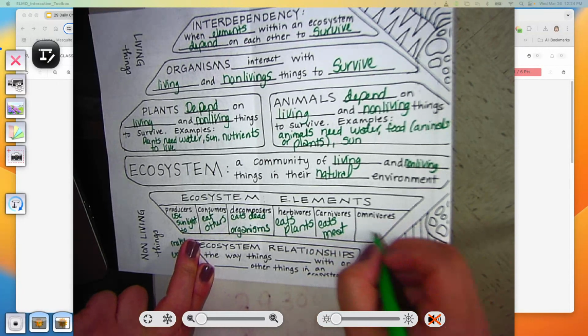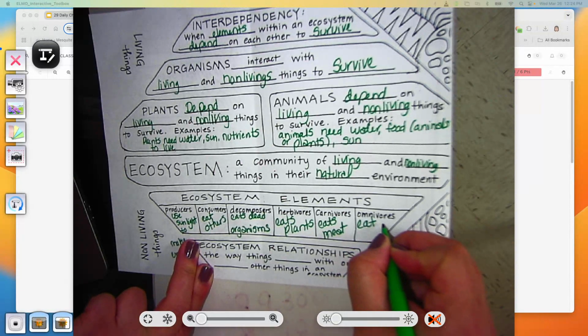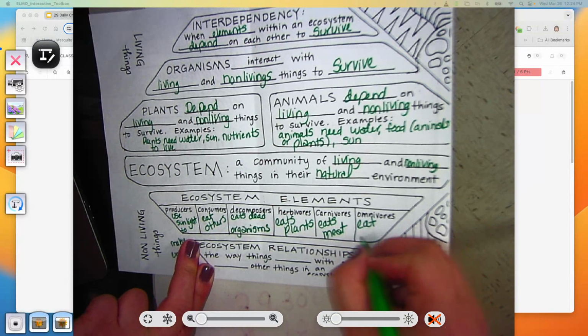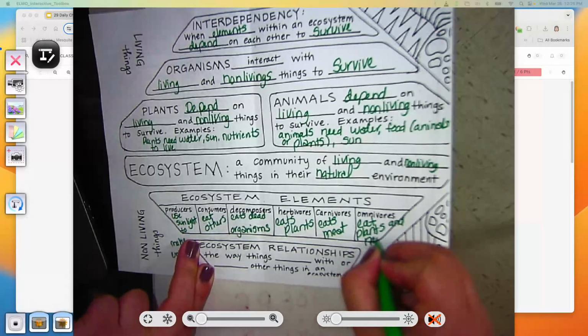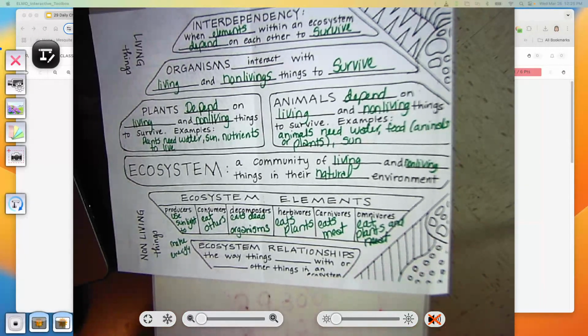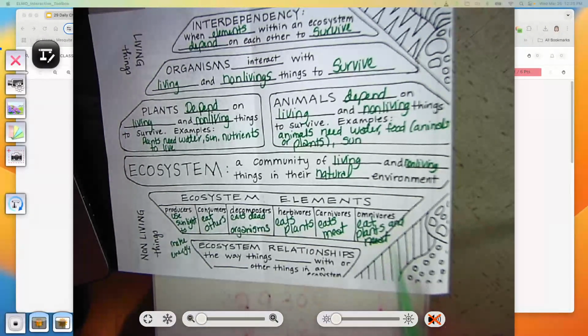We eat plants and animals, so we are herbivores. So, all right, sorry, omnivores. We're omnivores. Omnivores, you eat everything. Are salads plants? Yes. Plants and what? Eats plants and meat.